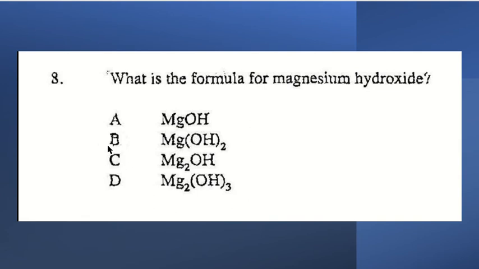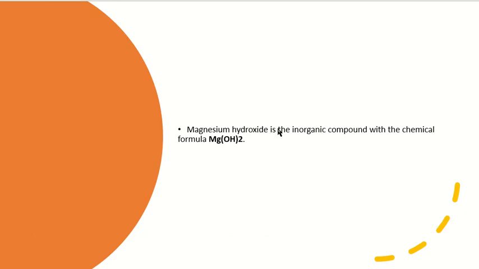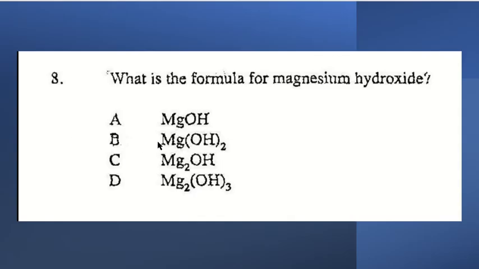Question number 8. What is the formula of magnesium hydroxide? Magnesium hydroxide is the inorganic compound with the chemical formula Mg(OH)2. This is the right answer from all options. Why?